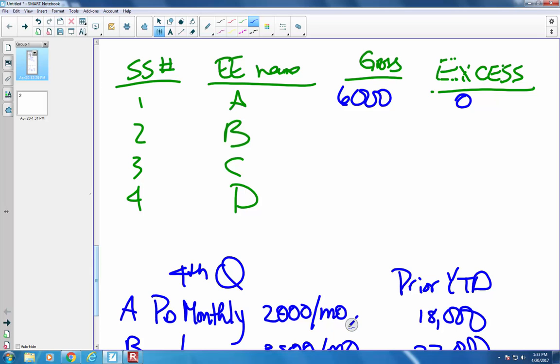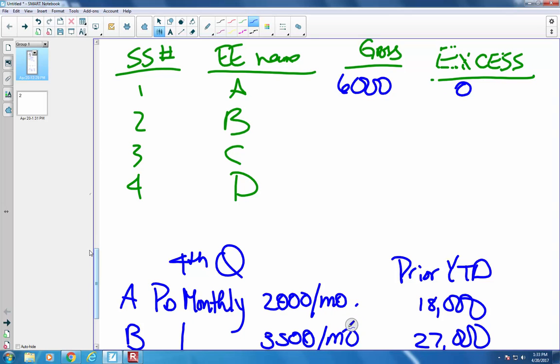Right, so when you take the 10.5 from this quarter and add it to the 27,000 he's already made, how much over 31.4 does that throw for the year? So, isn't it 3,500 times 3?